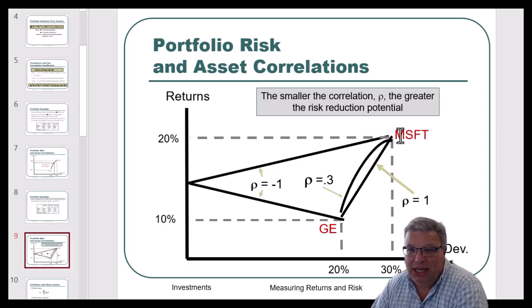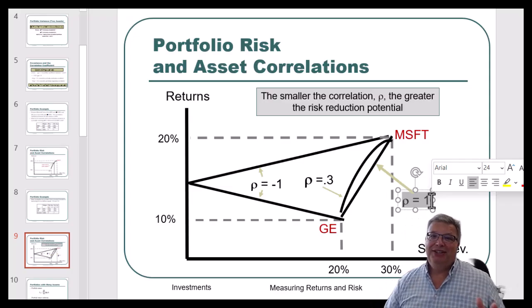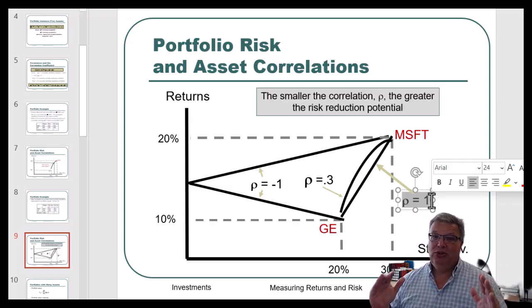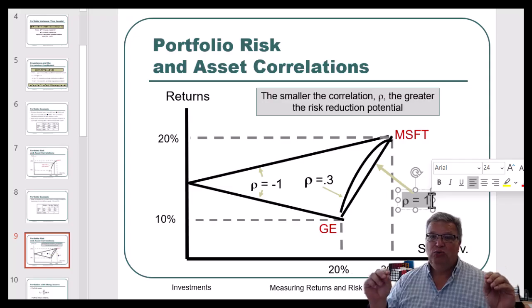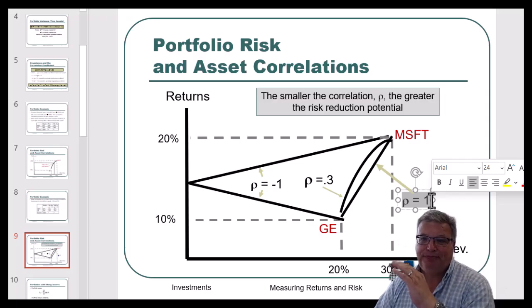And if we draw a line between Microsoft and GE that goes through the correlation coefficient for each of these, we're going to get these 3 dark lines. And you notice with a correlation coefficient of 1, it's linear. Well, it turns out if 2 things are perfectly correlated, you get no risk reduction when you build a portfolio. That's why it's a straight line. It doesn't go to the left at all.